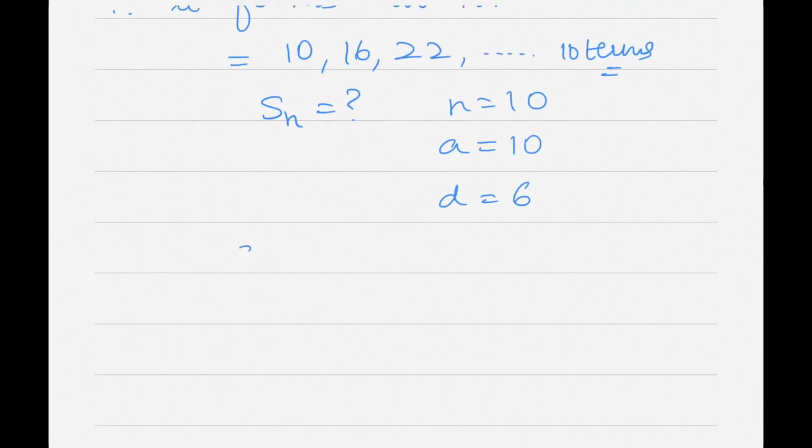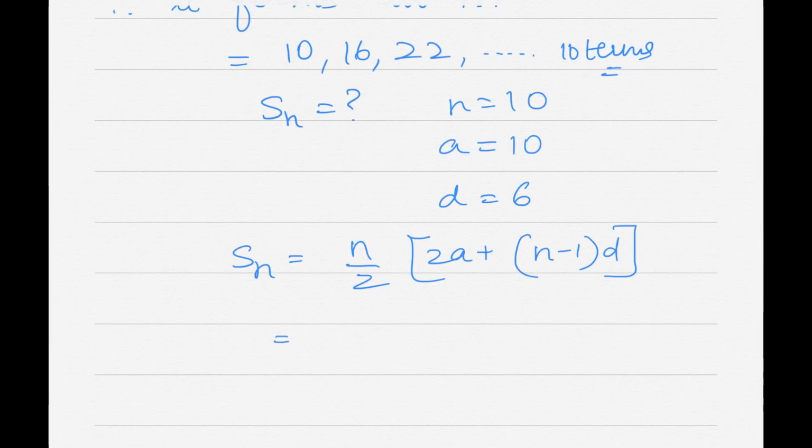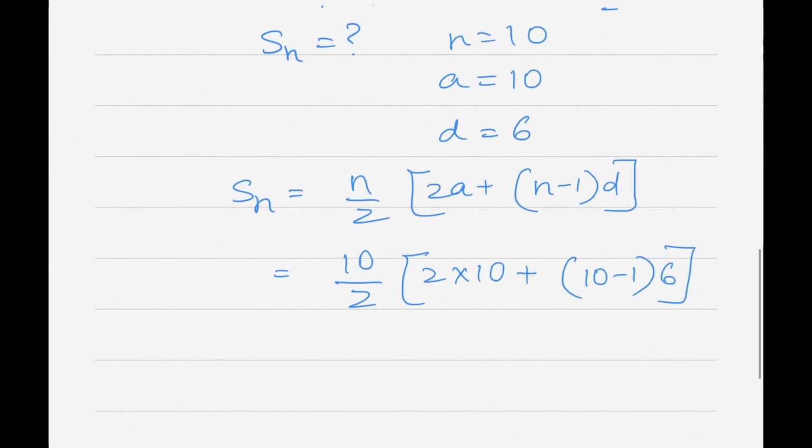We already found that. Now Sn is equal to N by 2 into 2A plus N minus 1 into D. So N is 10 by 2, 2 into 10 plus 10 minus 1, and D is equal to 6.